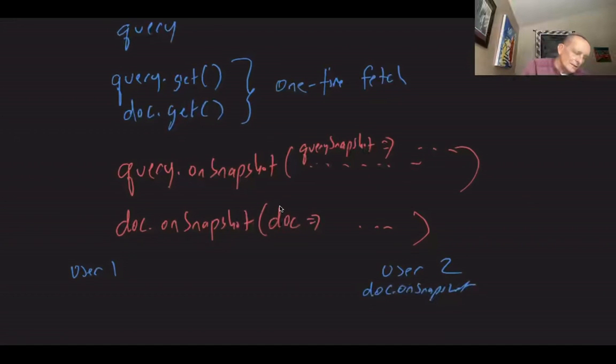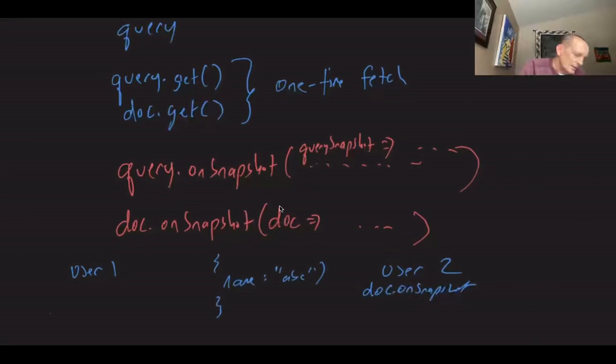And our data in this document is, let's say, just a single piece of data, which is a name. And the name is ABC. User two's listener is going to get called with this particular document that has the name ABC.